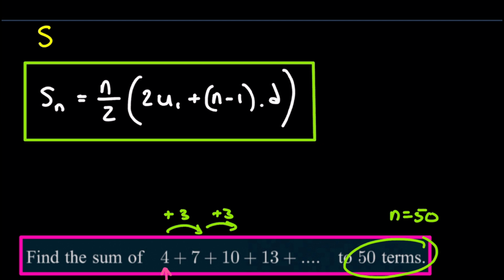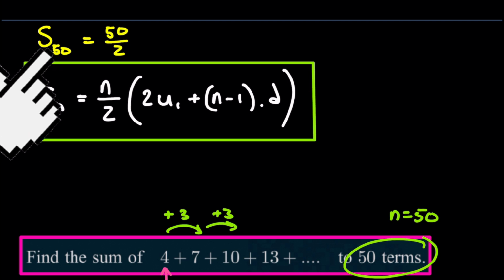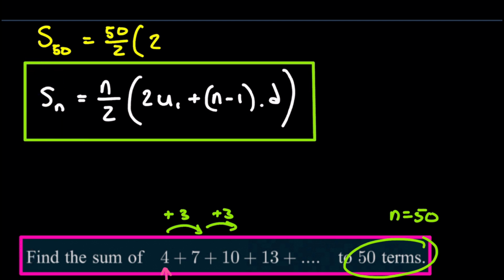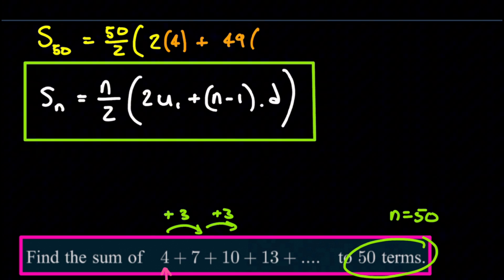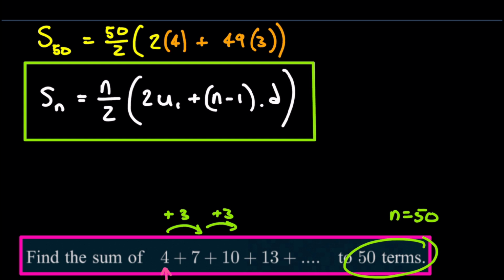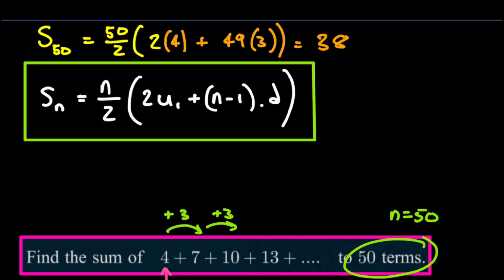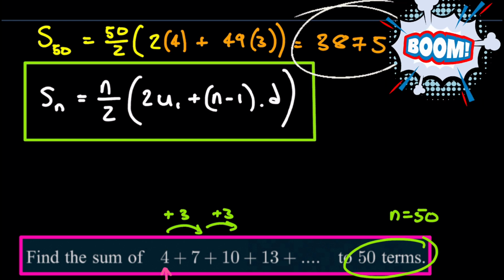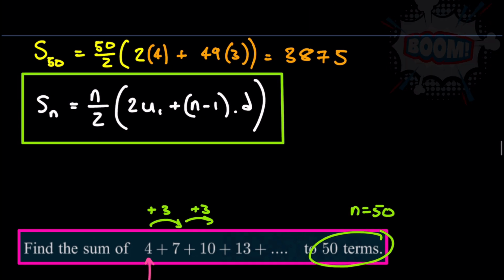The sum of the first 50 terms is 50 over 2, open brackets, 2 times the first term, which is 4, close brackets, plus n minus 1, so that will be 49, times d, and d was the common difference, so that was 3, close brackets. If we punch all of that into a calculator, we get 3,875. And there's our first example using that formula.